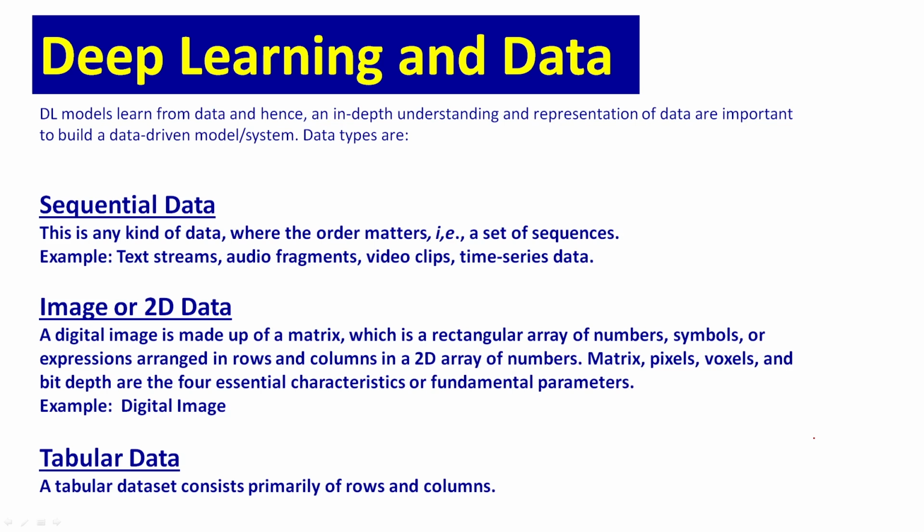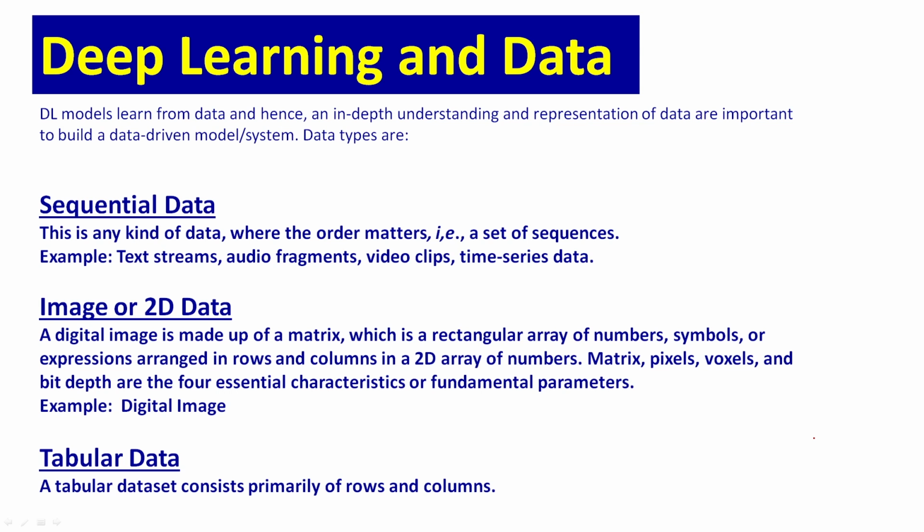One is sequential data. This is data where order matters, order is important. It is like a set of sequences, right. Let us talk about text streams, audio fragments, video clips, or even sometimes time series data. Time series of any event that happens, for example if you are recording lightning, you can record it as time lapsed images.